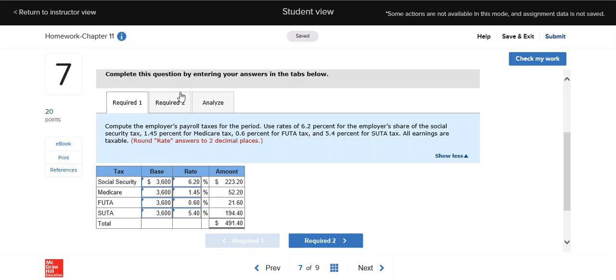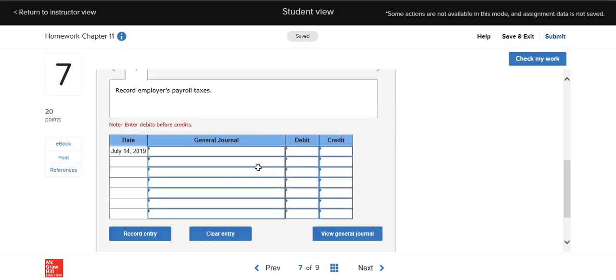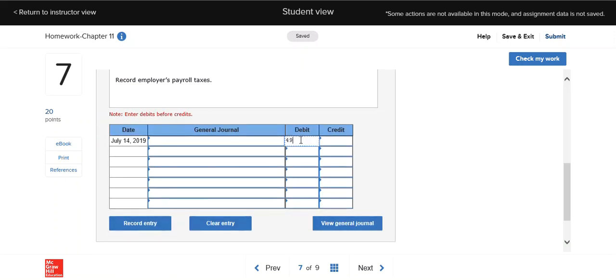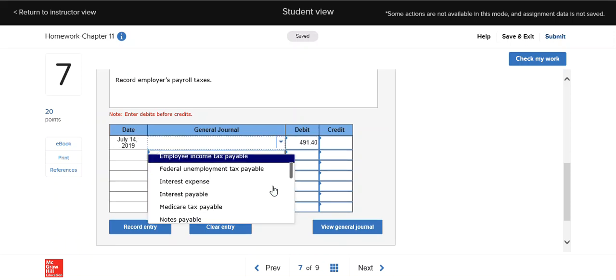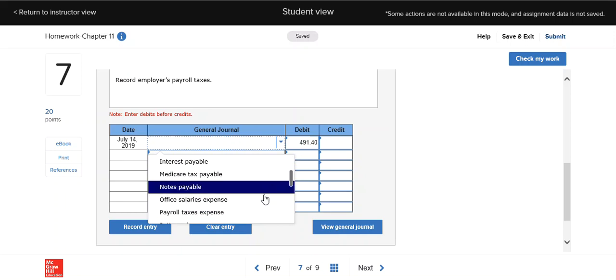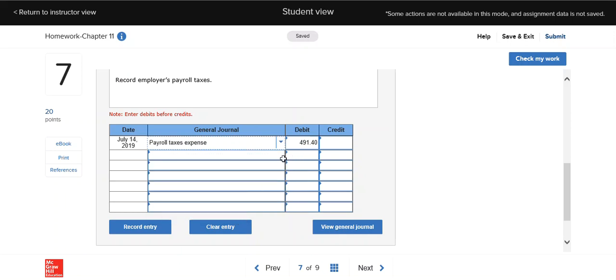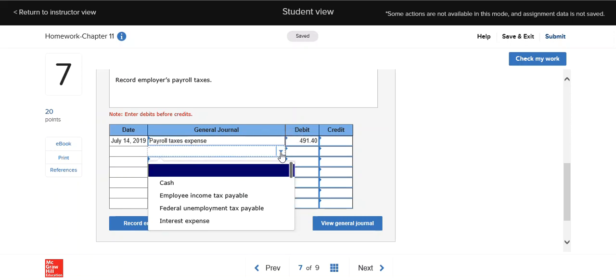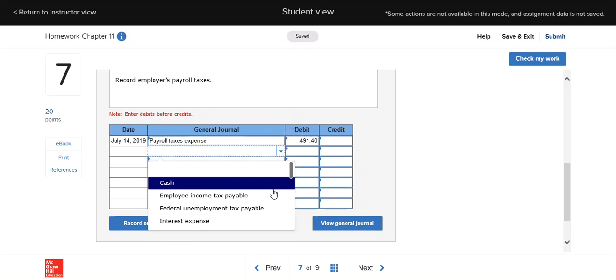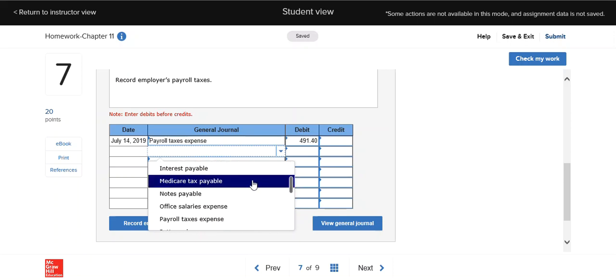That's the total of all those taxes. And let's see what they're calling it. Payroll tax expense. Okay, and then I'm going to assume that we haven't paid it yet, so we owe all those things, so they should be payable.